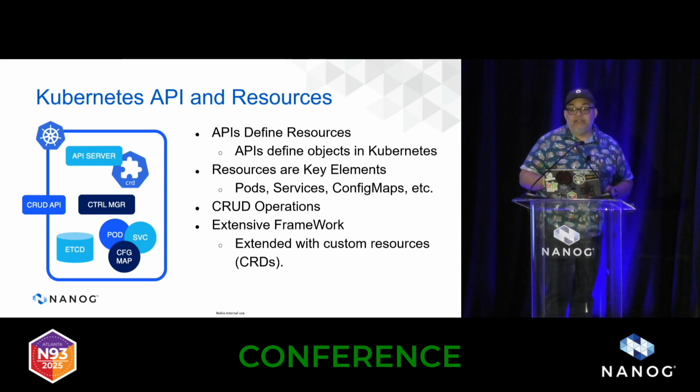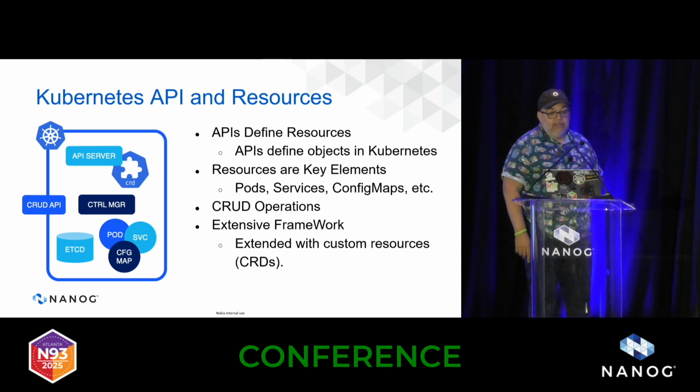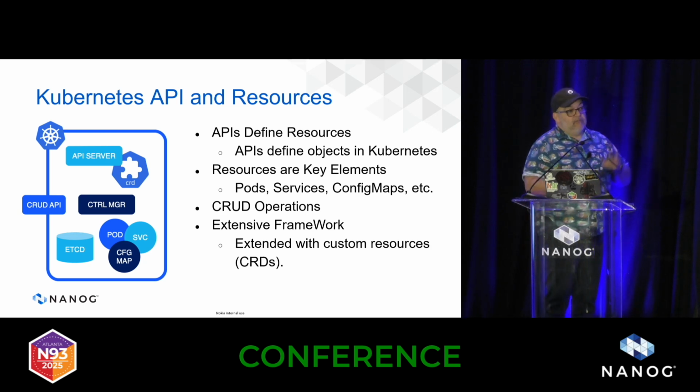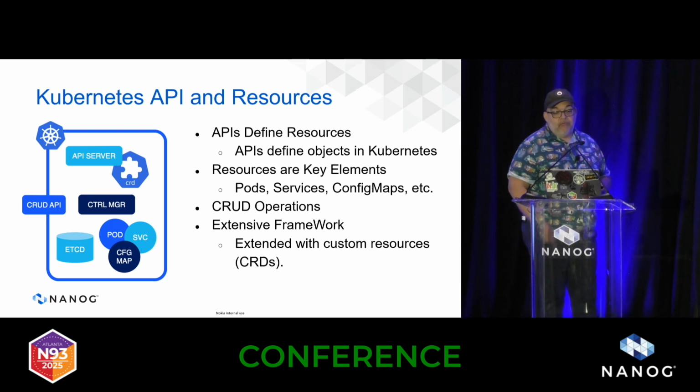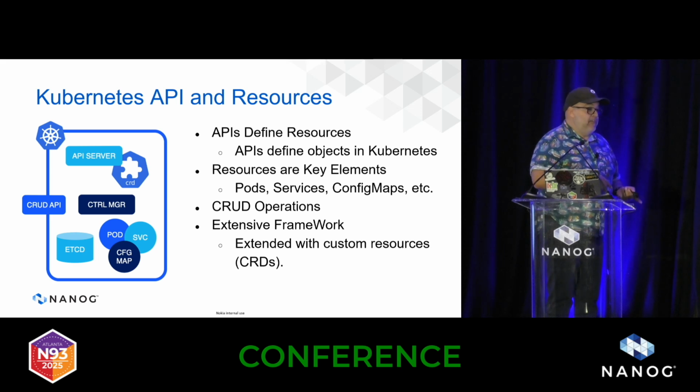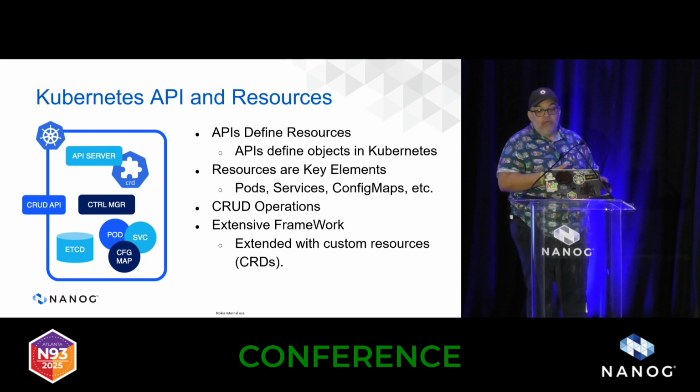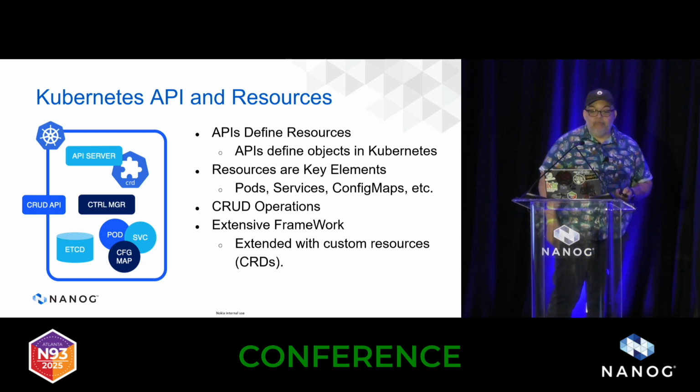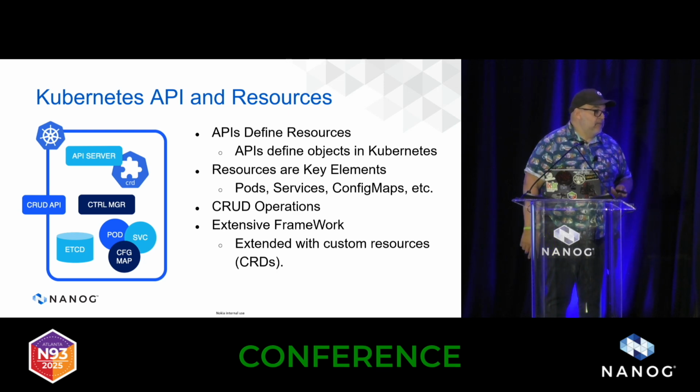Kubernetes also has an extensive framework that can be extended, and that's something we're going to do during the demos, using custom resource definitions. If we want to introduce a new resource type, we can do that through CRDs. That's the way you can customize your APIs in Kubernetes.